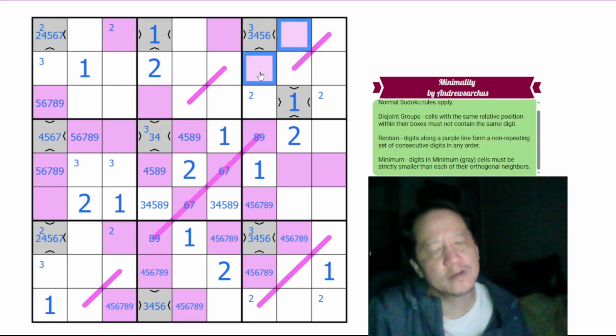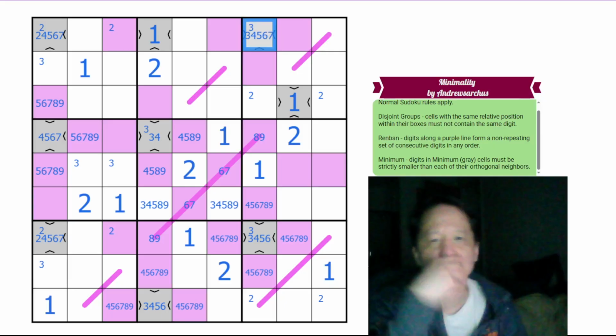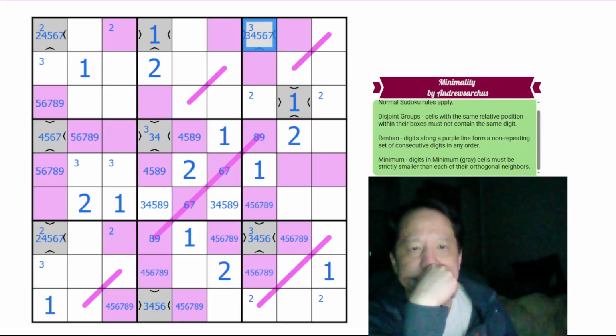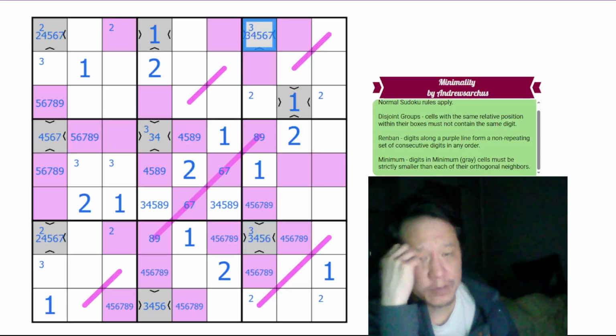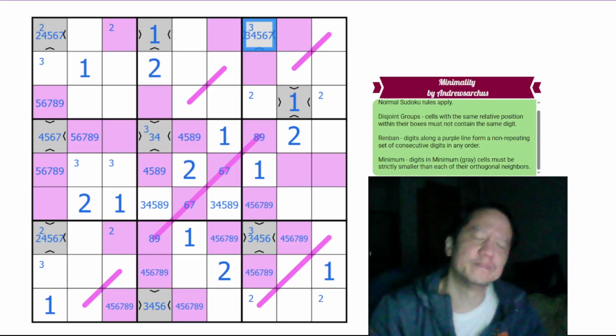You'd have 7, 8, 9 as a pair. This is 8, 9 as a pair. Okay, I don't know why I removed 7 from there. That could be 7. Yeah, I don't know how I removed that. That was weird.